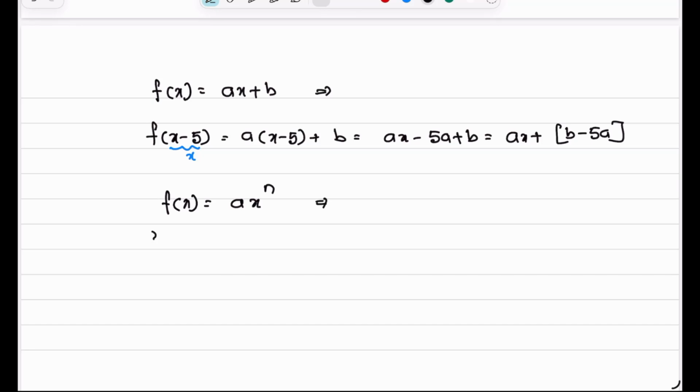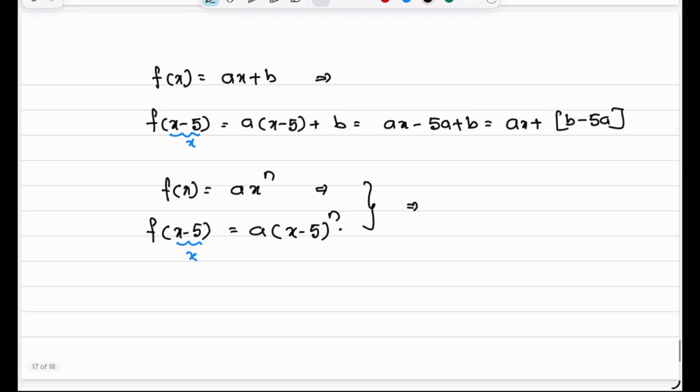Then function x minus 5 will be, this x will be replaced by x minus 5, that will be a into x minus 5 to the power of n. This implies, please try to listen carefully and understand it.